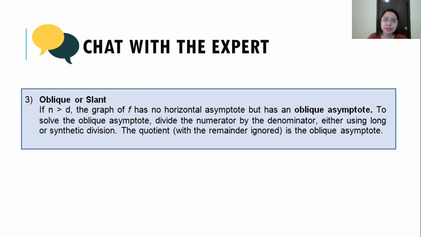If the numerator's degree is greater than the denominator's, the graph has no horizontal asymptote. Instead, it has an oblique, meaning slant, asymptote. How do you find it? We divide the numerator by the denominator, then we plot the points of our oblique asymptote.